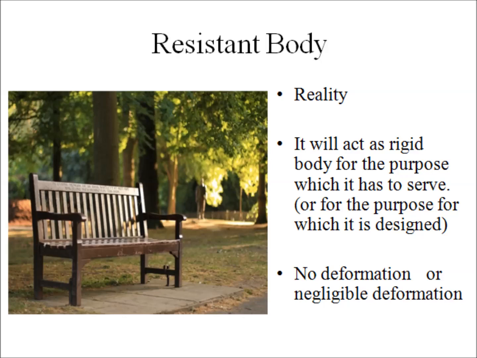When you sit on it, it will not deform because it is designed for that purpose. Or in other words, deformation will be very negligible. Means a resistant body will act as a rigid body for the purpose which it has to serve. Nowadays, rigid body and resistant body, these words are used interchangeably.